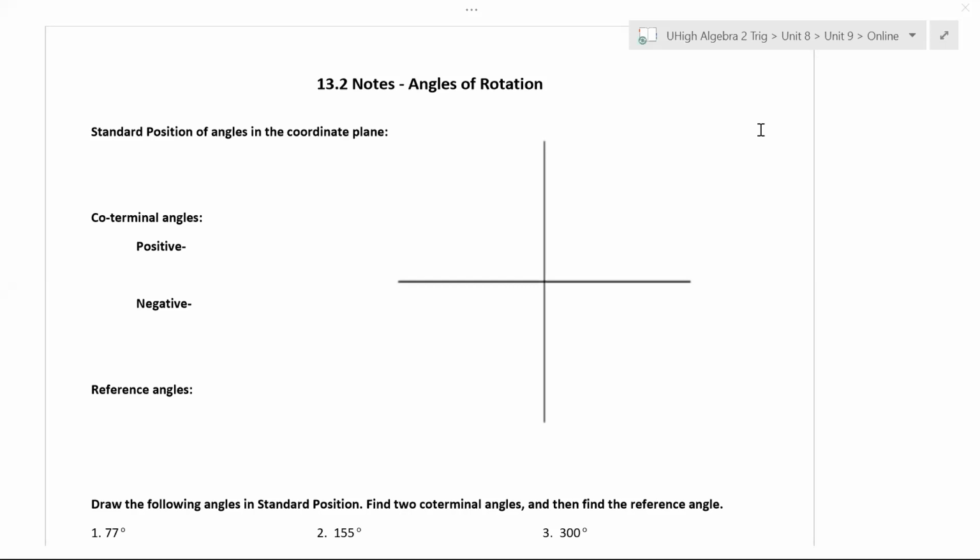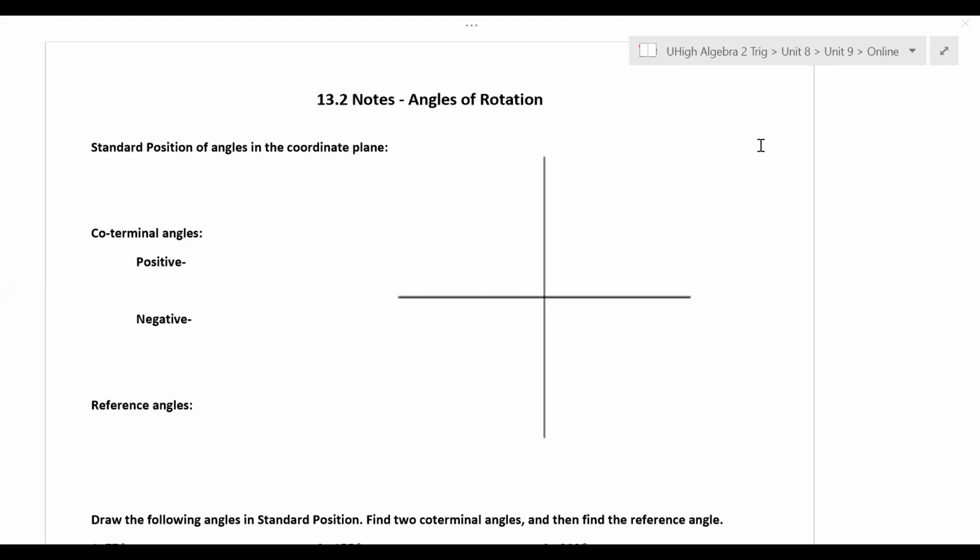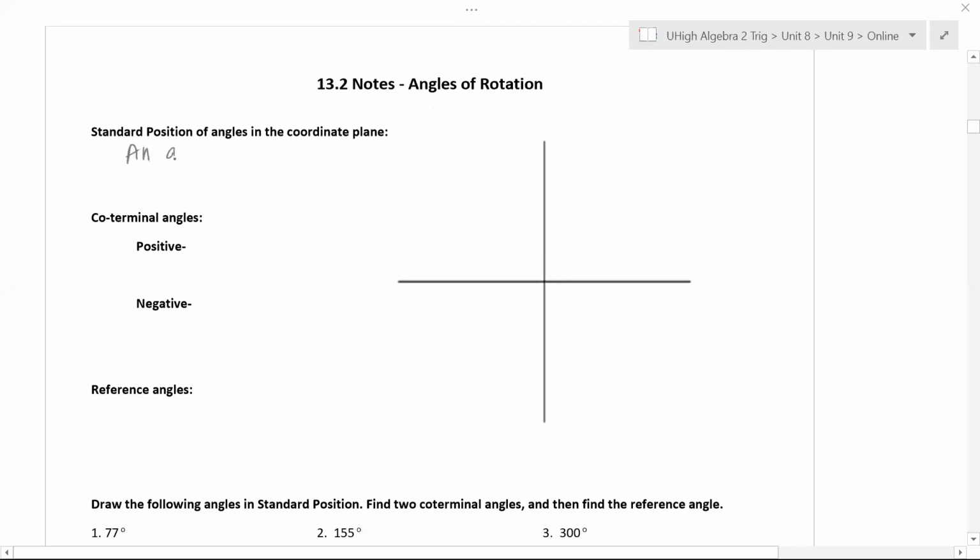So the standard position is going to be when we have an angle with the vertex at the origin and a ray on the positive x-axis.